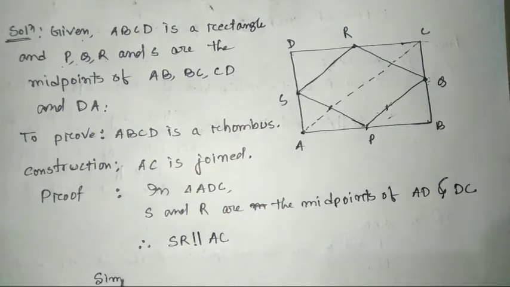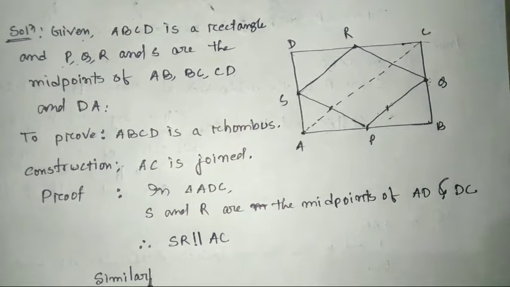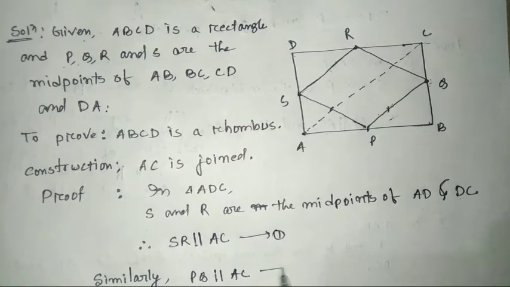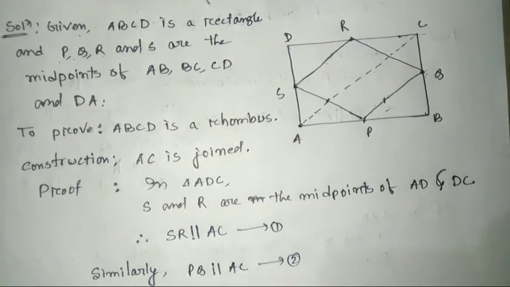Similarly, PQ is parallel to AC, no? From 1 and 2, what can we write?